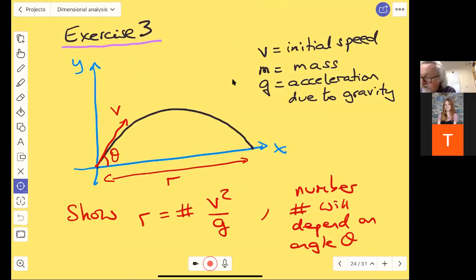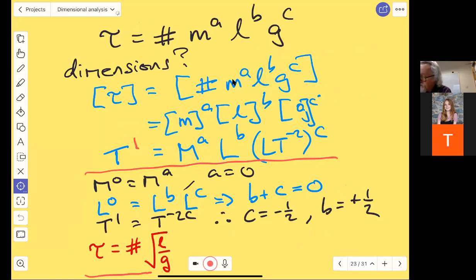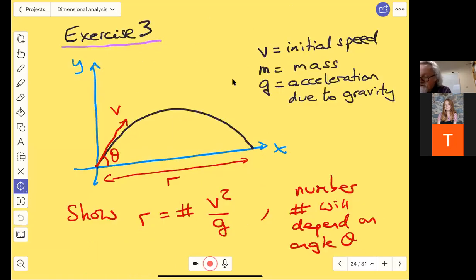But I have got an exercise for you, which is the range of a projectile. So if you just fire a projectile at some speed v at an angle theta to the horizontal, angles are dimensionless. We're not going to say anything about the angle. It's going to come down and hit the ground at some distance r, which we'll call the range. And what I would like you to show is through dimensional arguments, just as we were doing here, show that the range is some number times v squared over g.